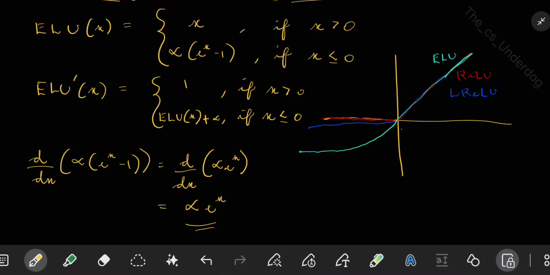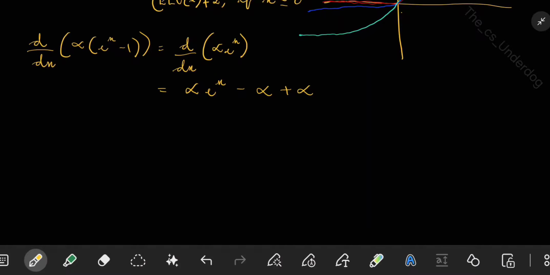What I want to do now is, I want to bring it in terms of this ELU. So I want to bring it in terms of this particular value. What I'm going to do is, I'll do minus alpha plus alpha. So this thing is 0. If you do alpha minus alpha, it will be 0. So I'm simply adding minus alpha plus alpha.